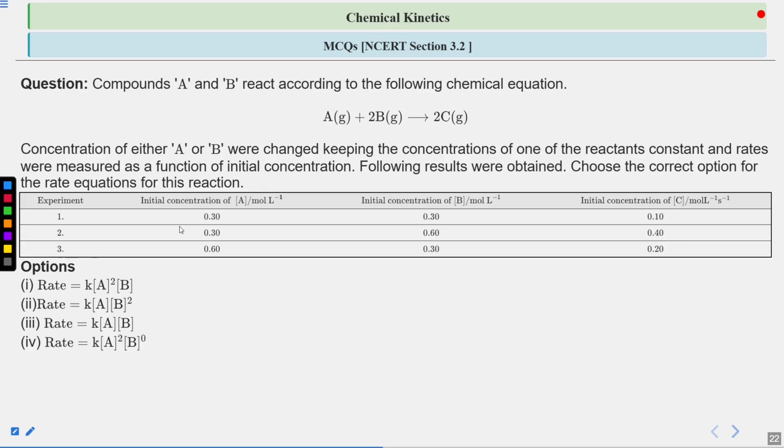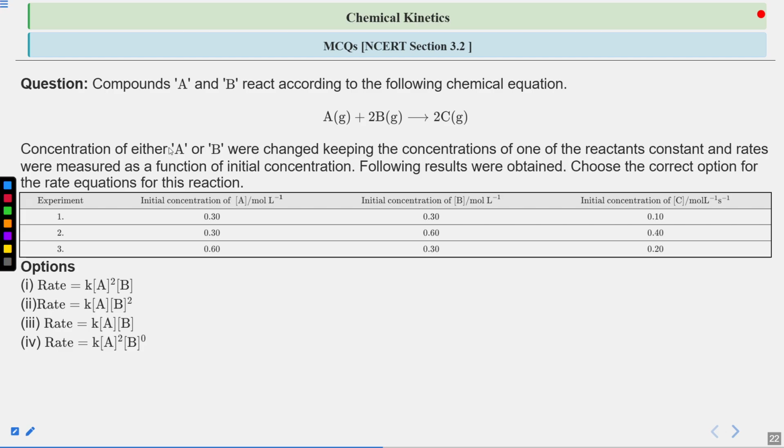Now in the third experiment, the initial concentration of A you have taken as 0.60. That means you double the concentration of A, and you keep the initial concentration of B constant. Finally the value for C becomes 0.20.